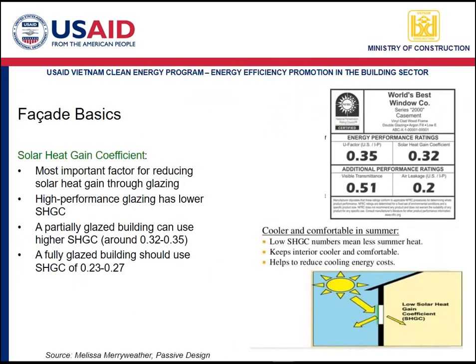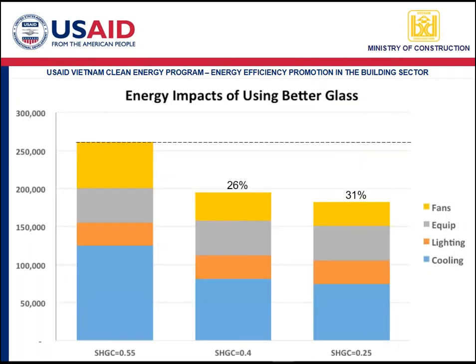Okay, here's just more on the testing procedures for the solar heat gain coefficient. Now, what is the impact of using better glass? Here is the glass on the left, our typical building. It's a tinted single pane glass. It has an SHGC of 0.55.